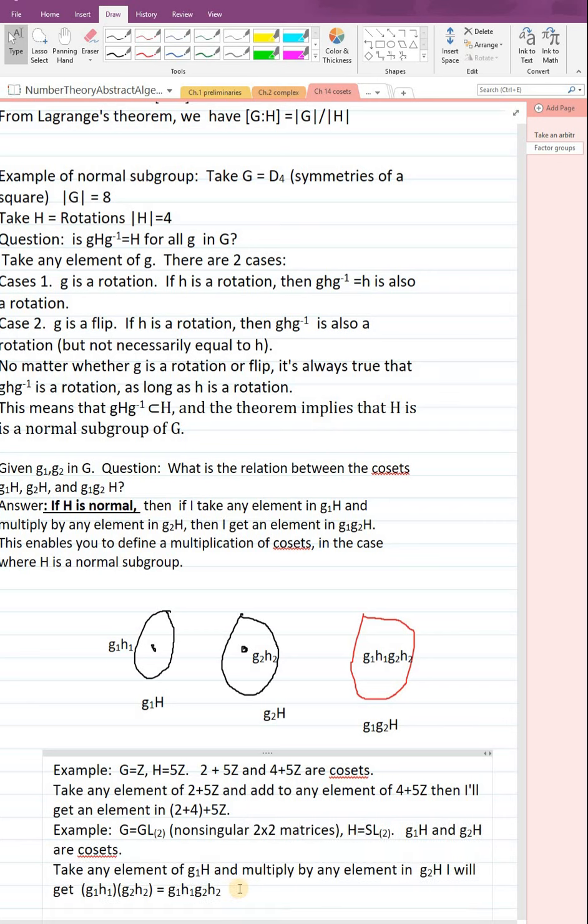And these are the ones that have determinant 1. 2 by 2 matrices, determinant 1.